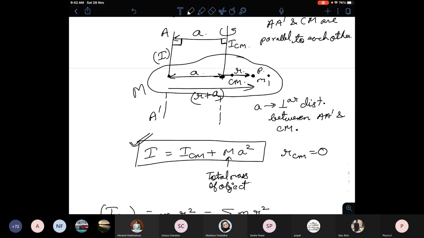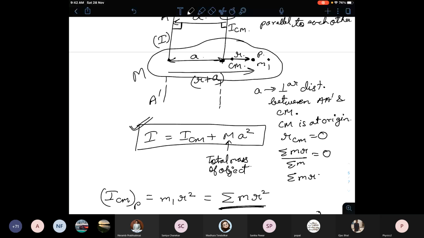Why is rcm 0? Because my center of mass is at origin. So you can write the formula summation mr upon summation m is equal to 0. So summation mr is 0.